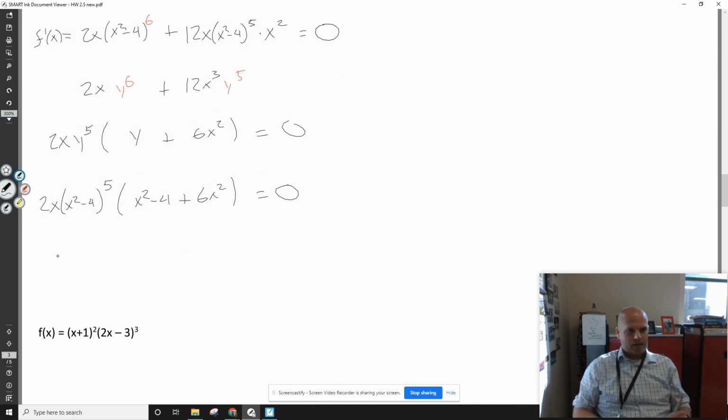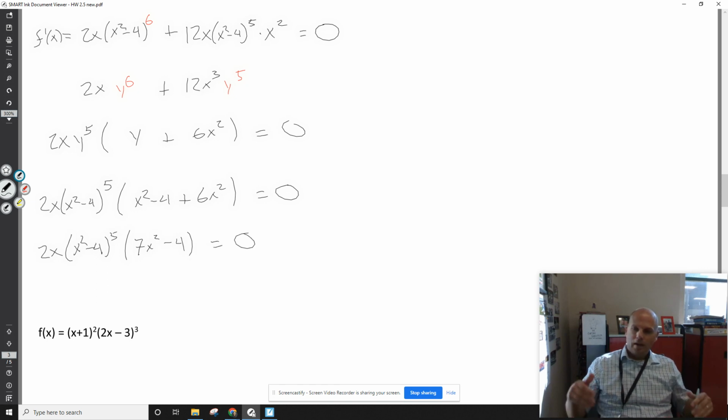Now we have a product. I got 2x, I got x squared minus 4 to the 5th, and I can add these together to get 7x squared minus 4. I did all of this so that I now can solve this equation. This, or this, or this, as long as any of those pieces equal 0, I'm going to have a horizontal tangent. So from 2x, 0 is a solution.